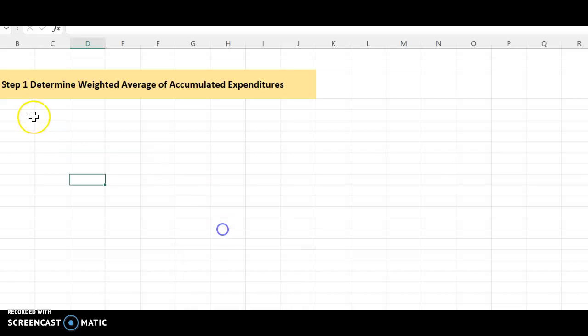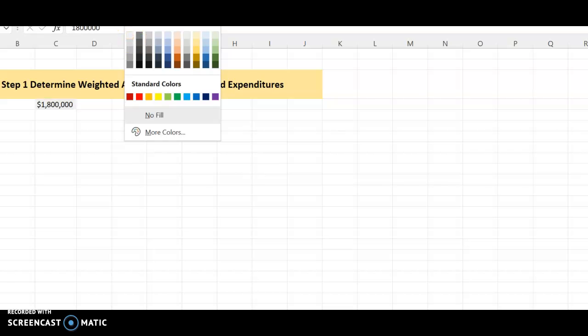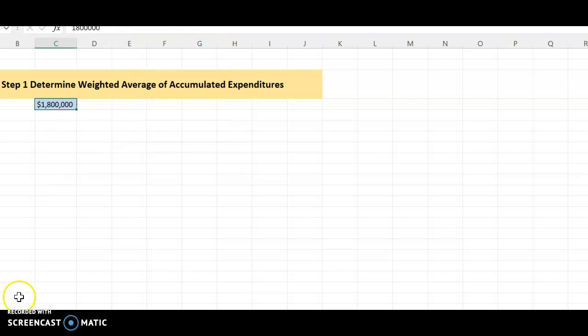So step 1 has been done for you. So we can go ahead and go to step 2, and what I'm going to do is highlight our answers for each step in blue.